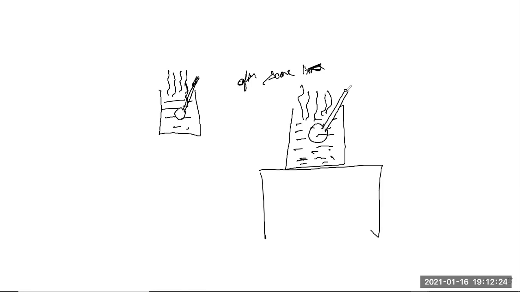The teaspoon is metallic. Initially the teaspoon is at normal temperature, like the surrounding temperature, 20. So what happens to this teaspoon after some time when you put it in hot milk?